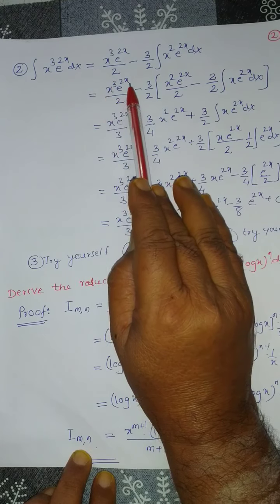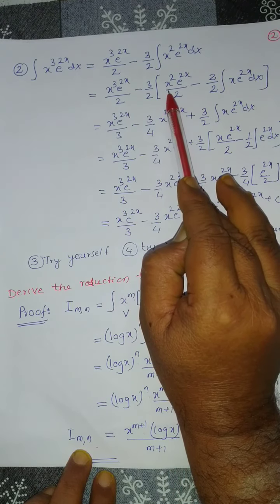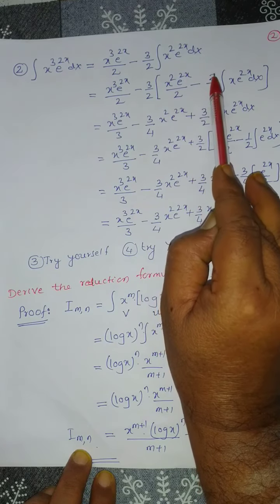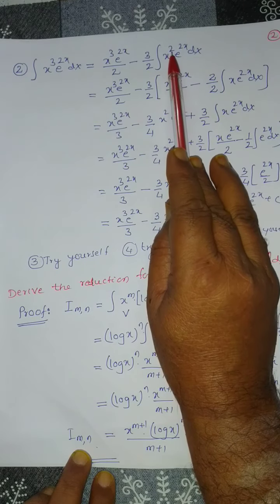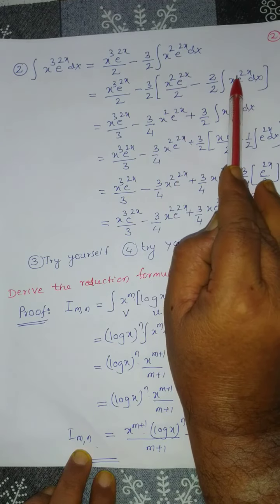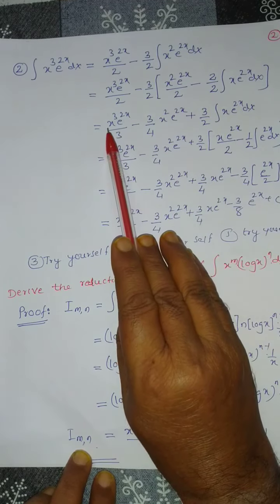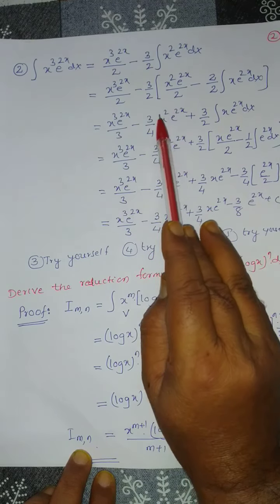So x cube e raised to 2x upon 2, minus 3 by 2 into bracket x square e raised to 2x upon 2, minus n by a, 2 by 2, into integral of x raised to n minus 1, 2 minus 1 is 1, e raised to 2x dx.